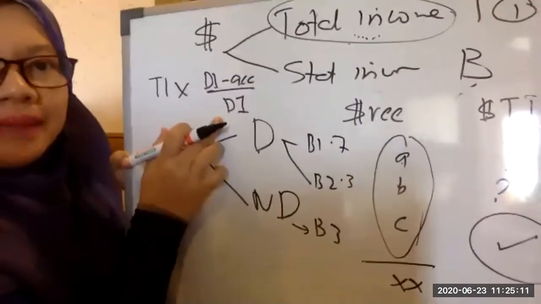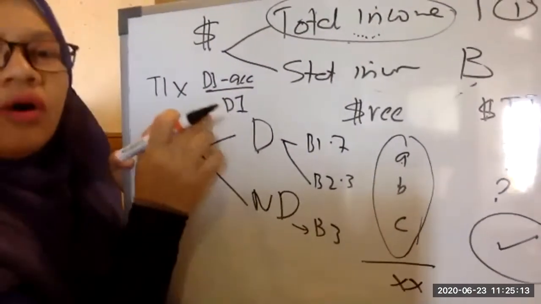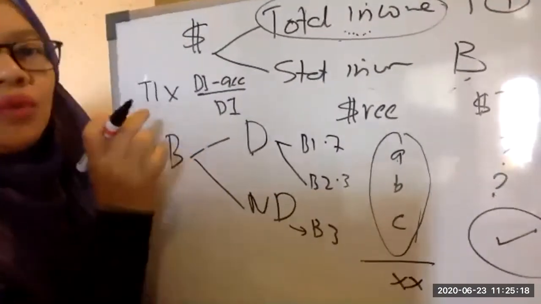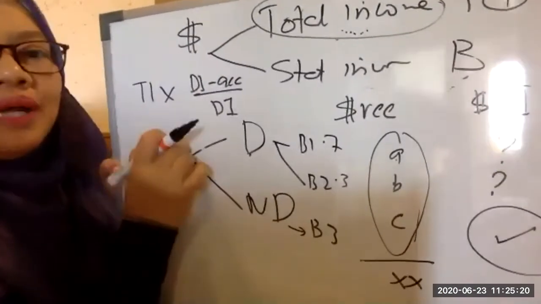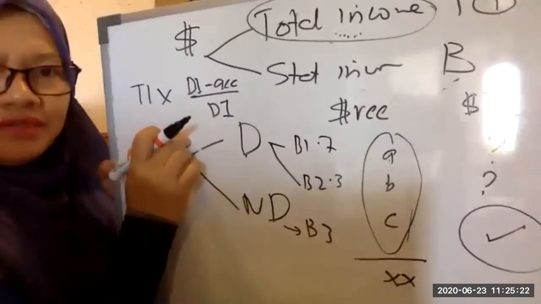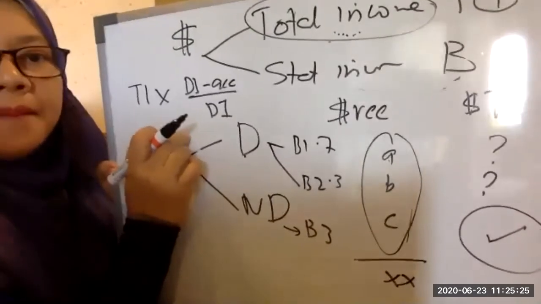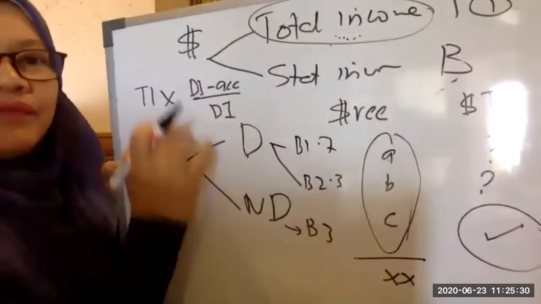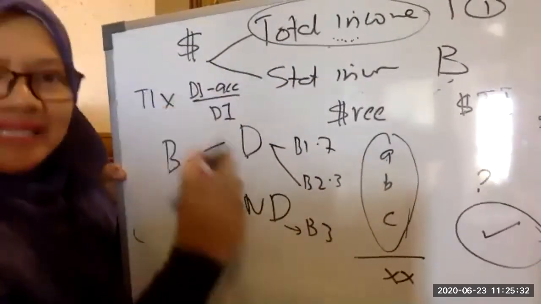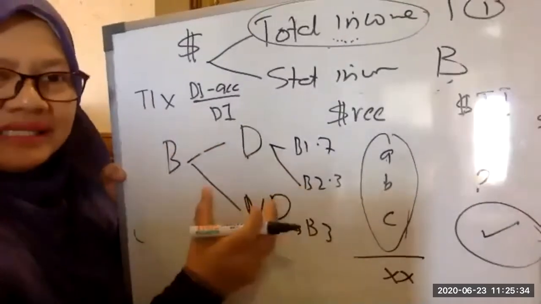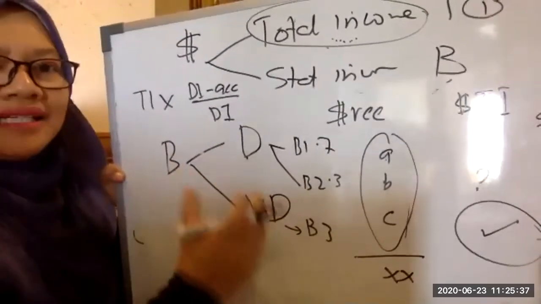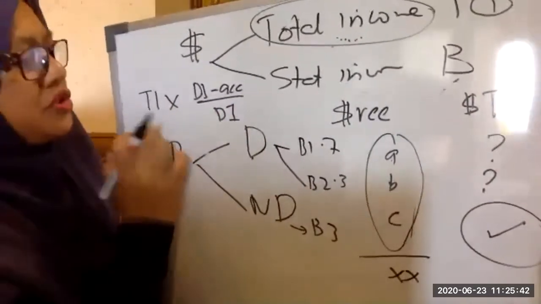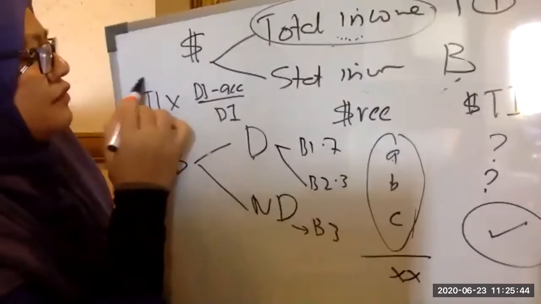This distributable income is either given in the question or you may have to compute it. If it's not given in the question, then you have to compute your distributable income. Then you really have to understand the concept of distributable income. Remember, it's a cash basis, all right? Whether you actually pay the expenses or whether you actually receive the income, it's a cash basis. How much you actually pay, how much you actually receive, with regard to your income from the trust. Accumulation. So this is the formula that you use.